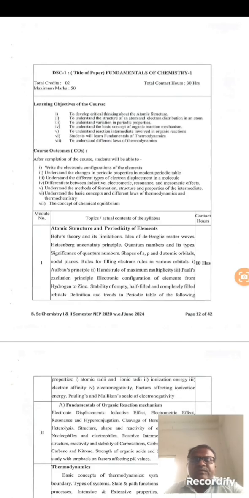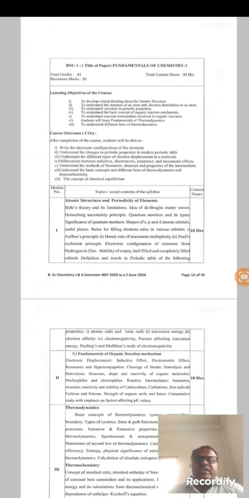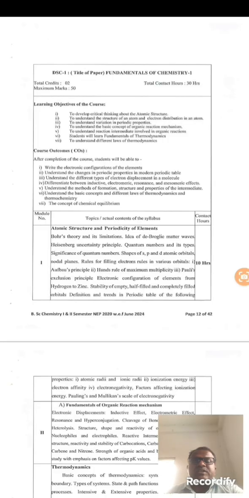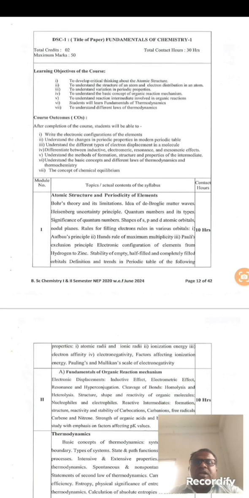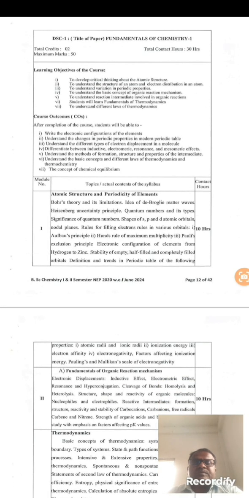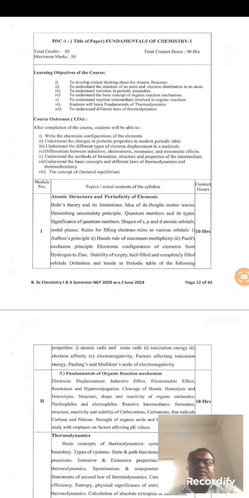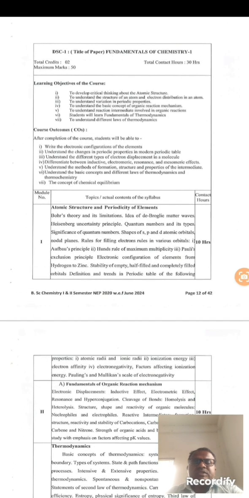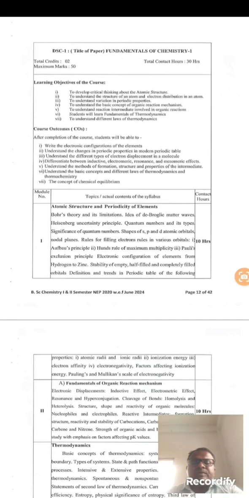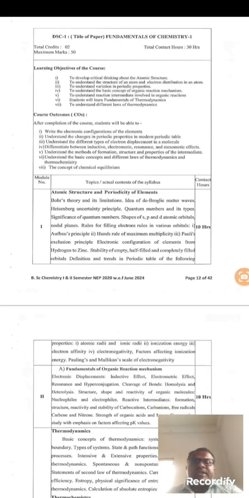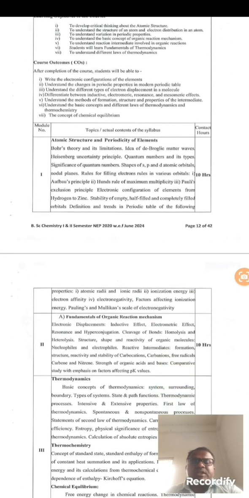University assessment is only 30 marks, but the internal assessment is 20 marks. It means 30 plus 20, 50 marks, and the university assessment is only 30 marks. In DSC first, three chapters are included.